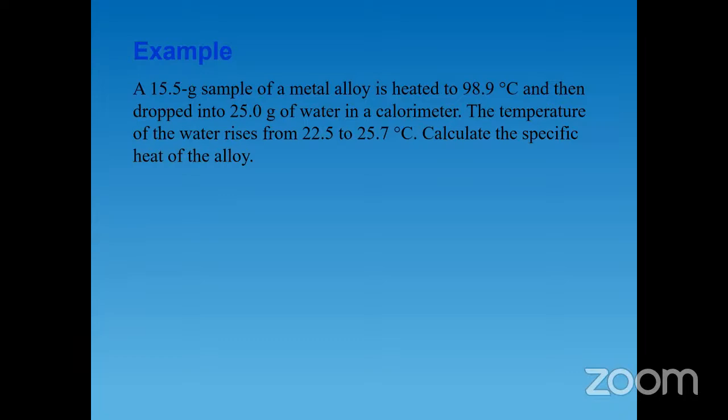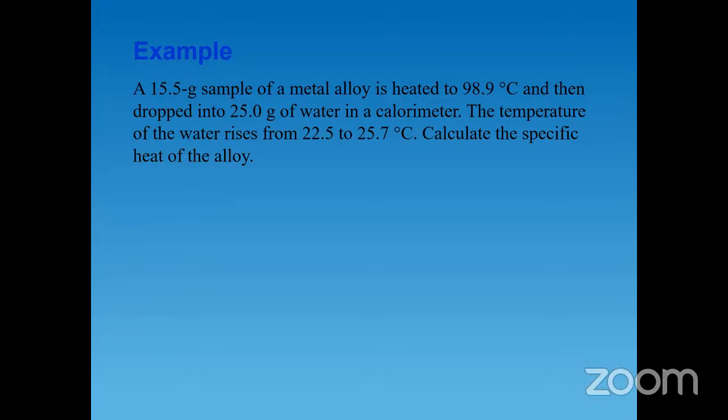Okay, so think about what's happening here. You're starting off with a metal sample, which is relatively hot, 98.9 degrees, right? And you're going to add it to water, which has a temperature initially of 22.5 degrees Celsius, right? So what's going to happen is that when the metal comes into contact with the water, there'll be a heat transfer, right? The heat will be transferred from the metal to the water, right?